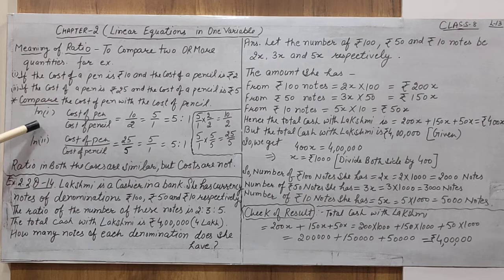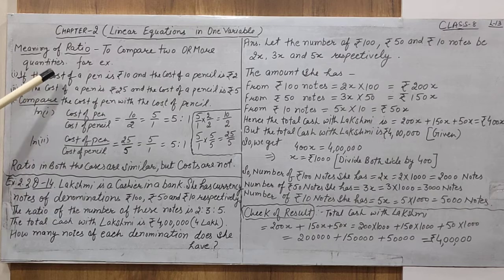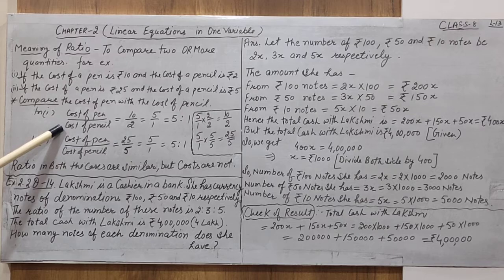Now, in case 1, to find the comparison of two or more quantities, we are going to use ratio. In case 1, the cost of pen with the cost of pencil, we have to take the ratio. Ratio is written in the form of a rational number, or you can say in the form of a fraction also.